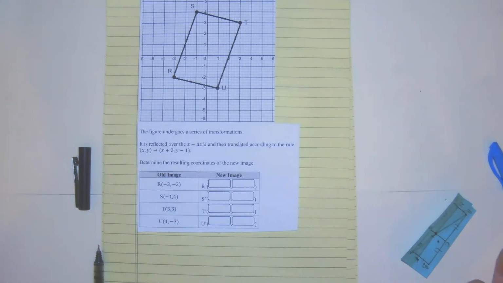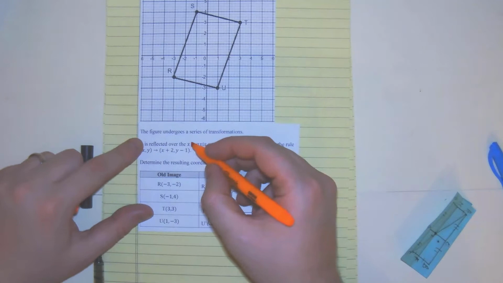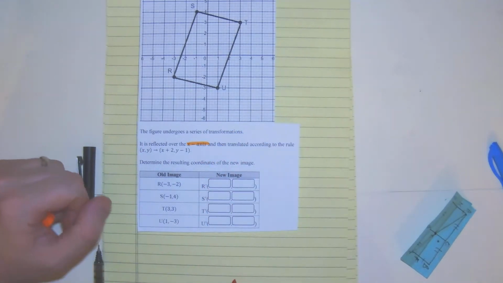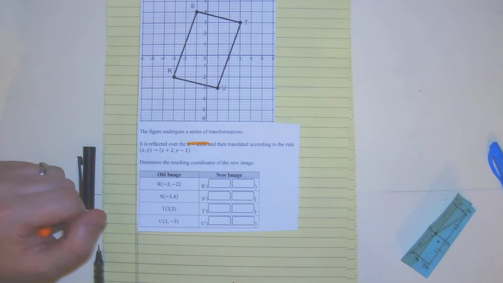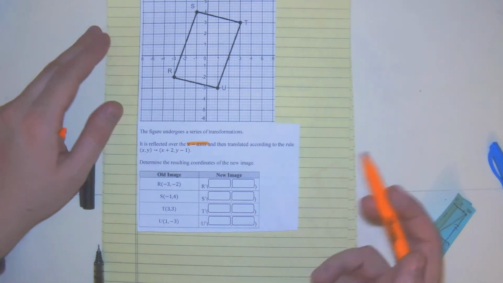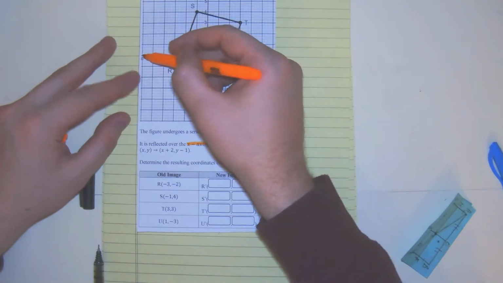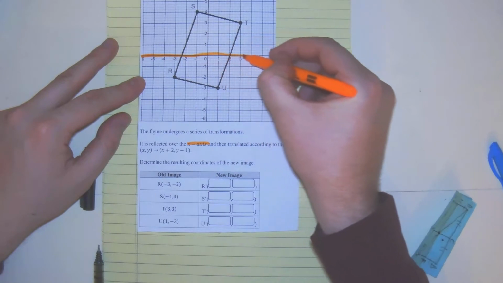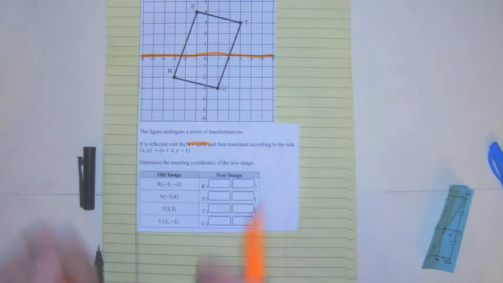Even though I can't work on it, we need to visualize what we're working with. So we're not going to waste our time with graphing, especially if this is an EOC time test, because we have only so much time. But the best thing we could do is kind of get a mental image of what we're doing. So the first thing we're going to do is that's our x-axis. So we're reflecting over that first.